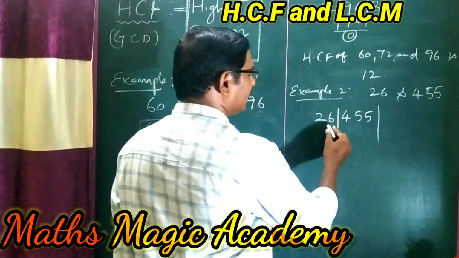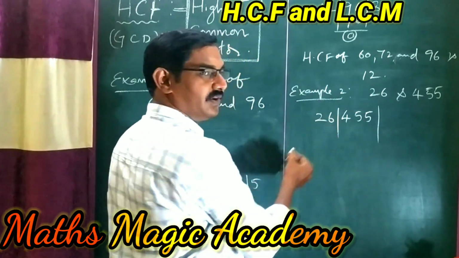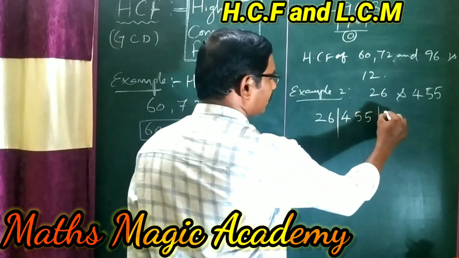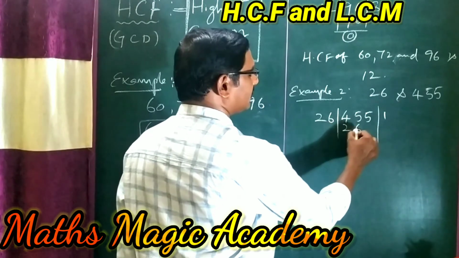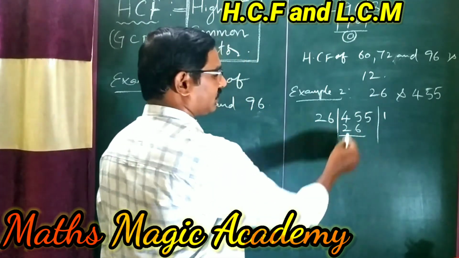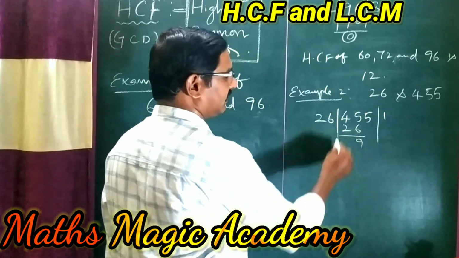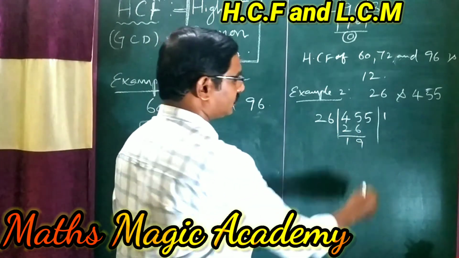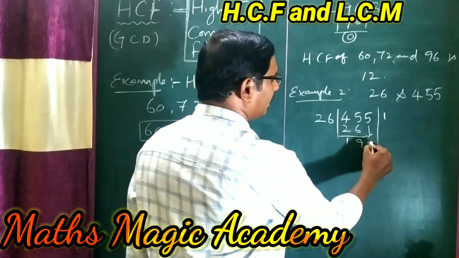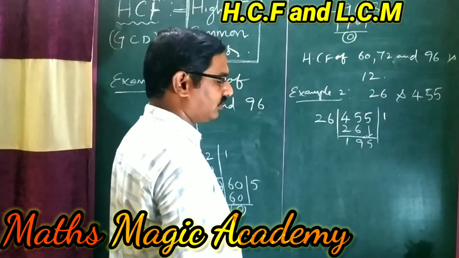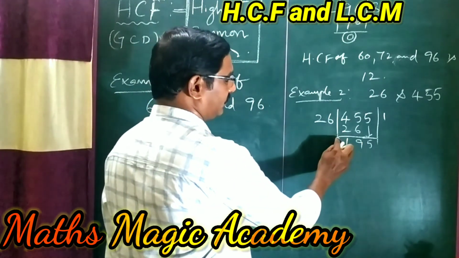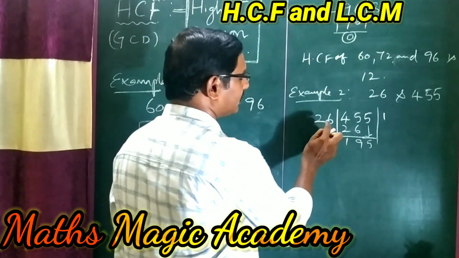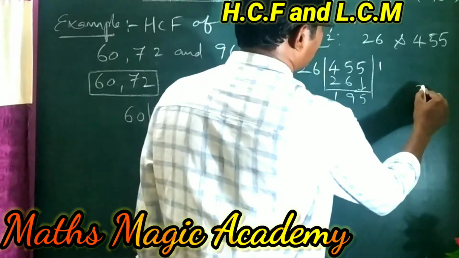So 26 twos are 52, which is more, so 26 ones are 26. So the remainder is 19, and the 5 will be carried down. Now 195. So how many times is 26 in 195?